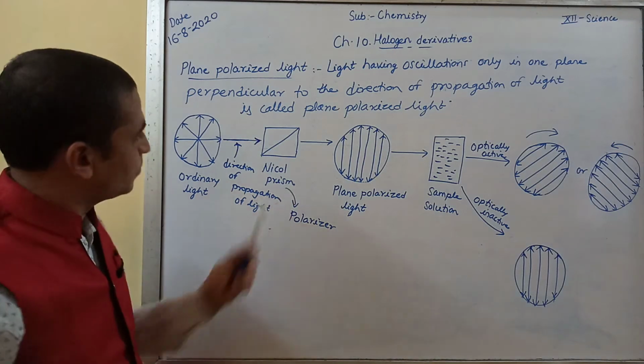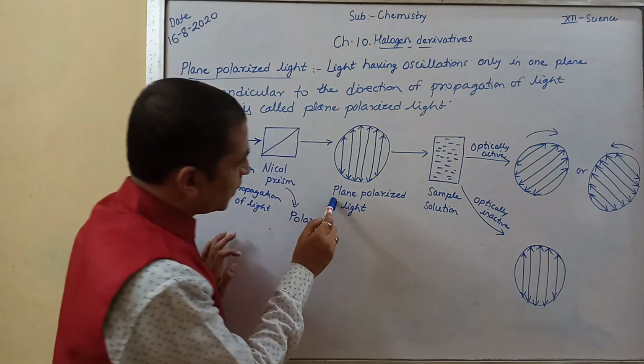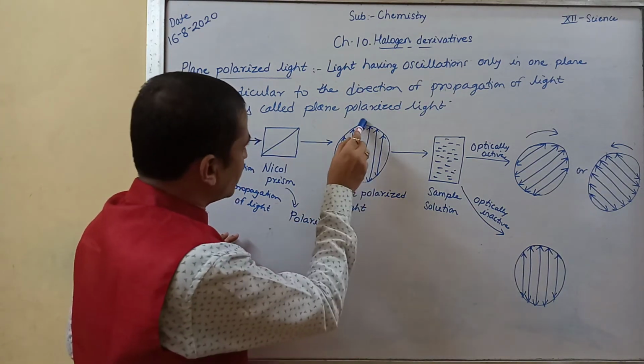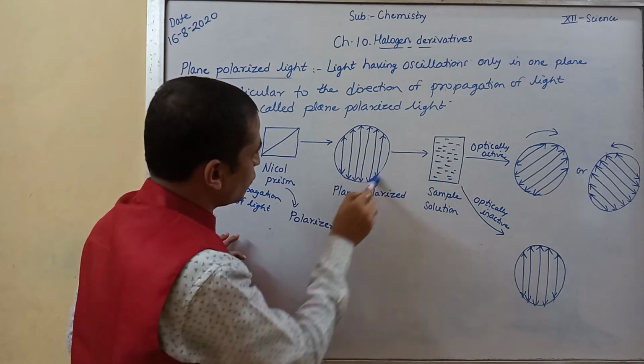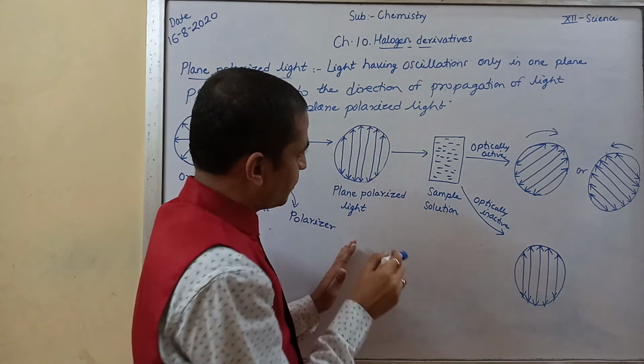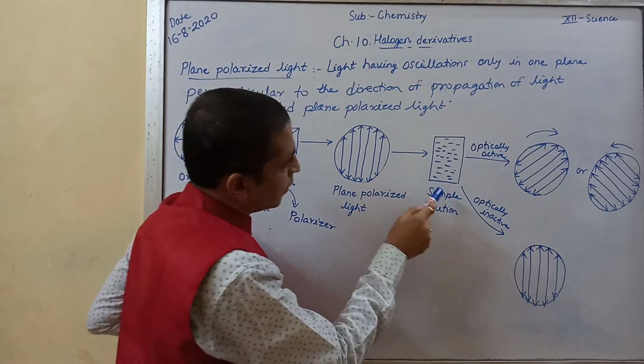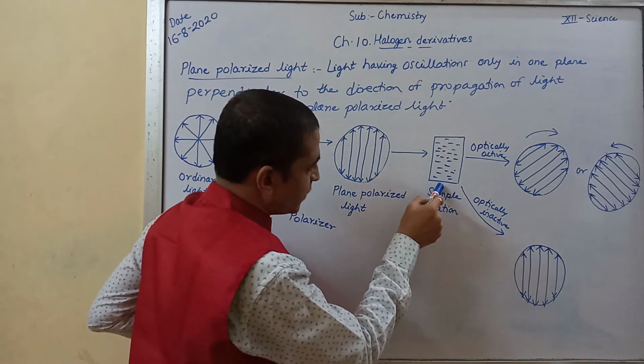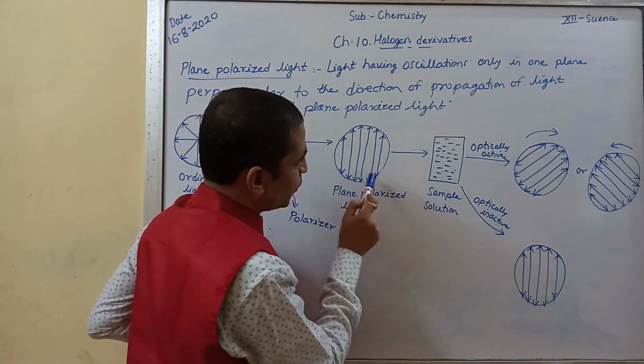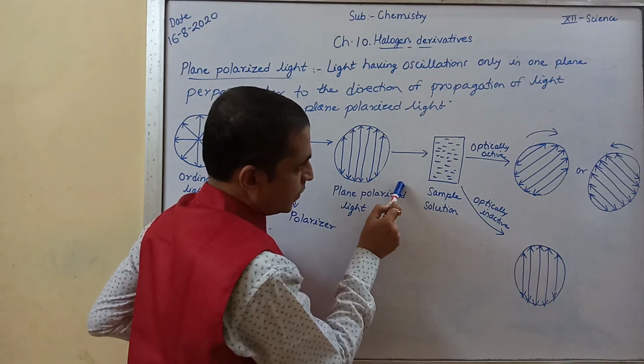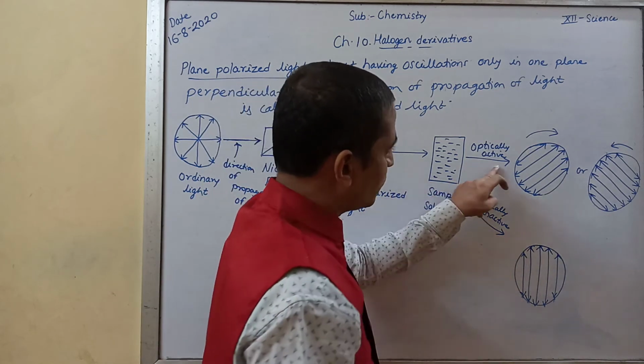Now, see here there are oscillations in only one plane. If any sample solution is placed in the path of plane polarized light, then there are two possibilities.